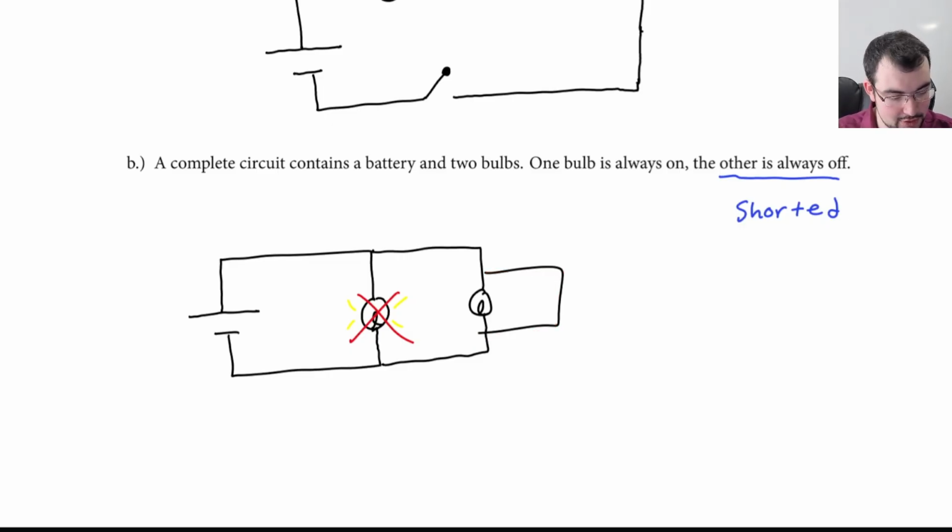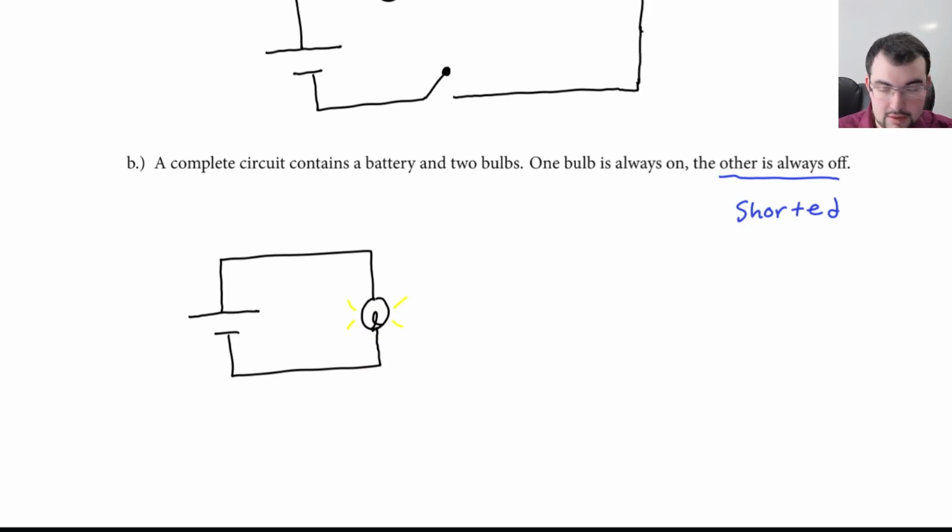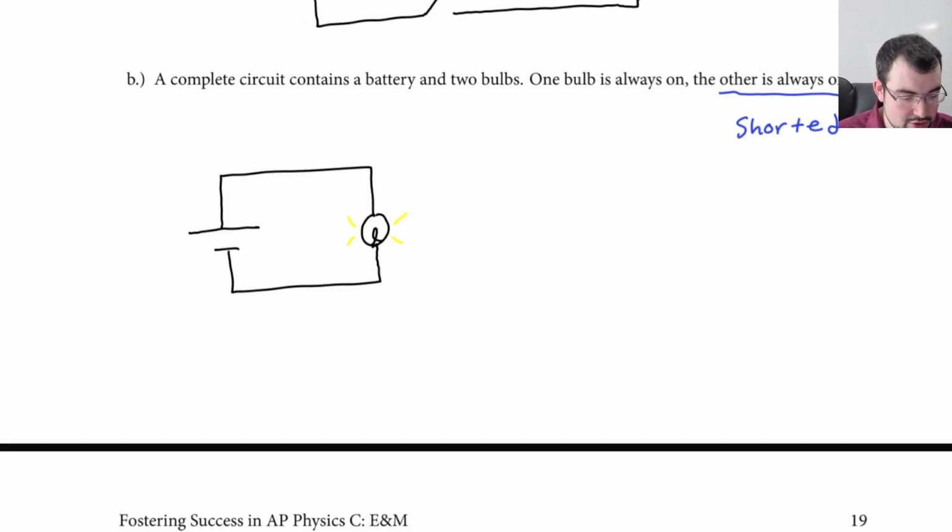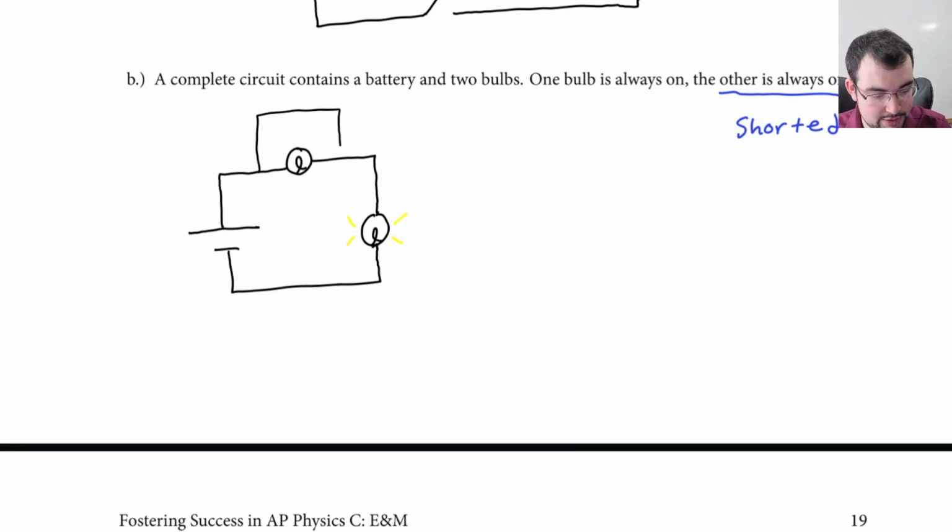Everyone's going to go through the green light. So this actually isn't the way. So what it must be is some variation of a series where I can draw myself a bulb like this. So it would currently be on. So we just got to find a way around it.